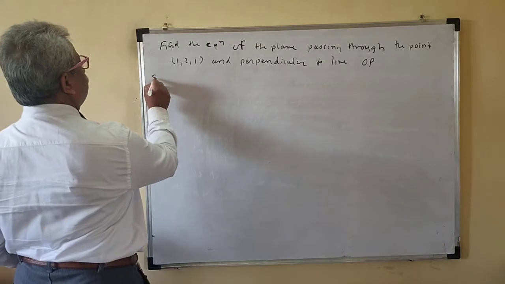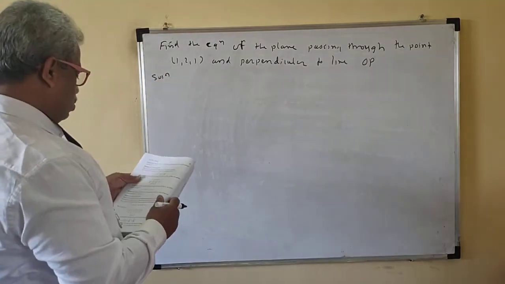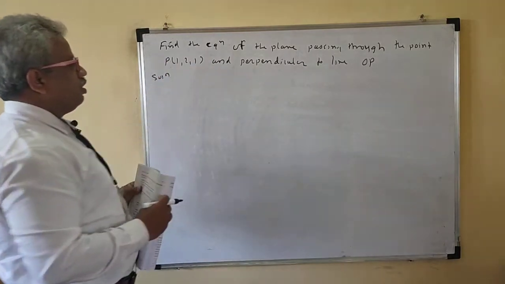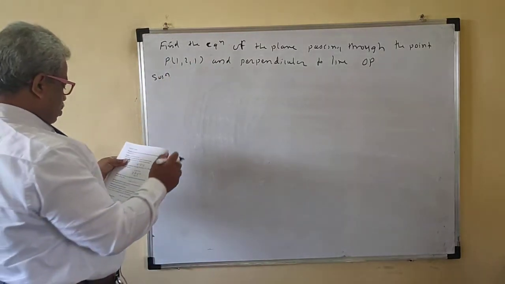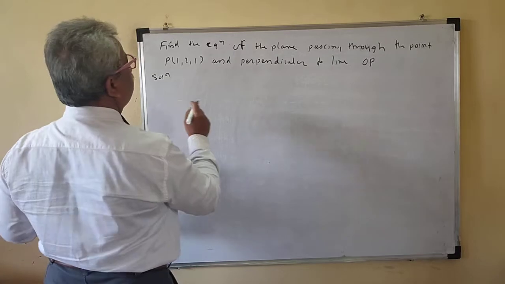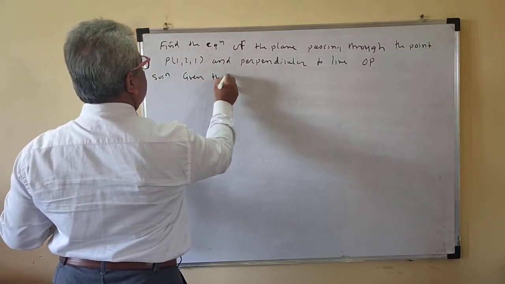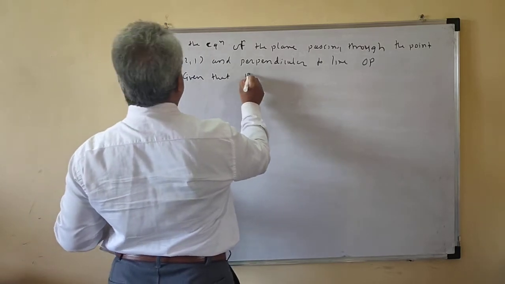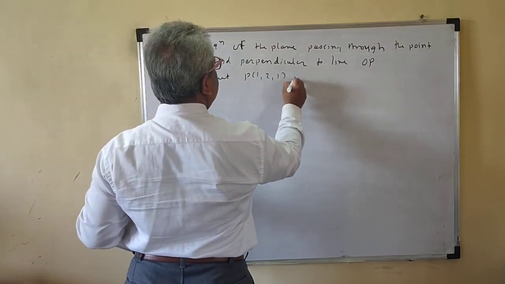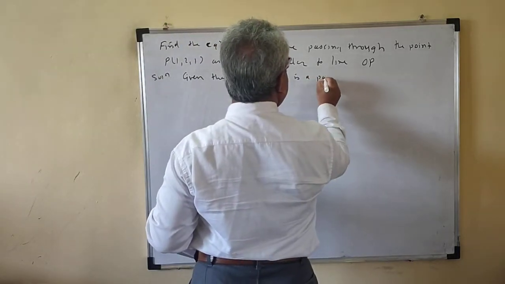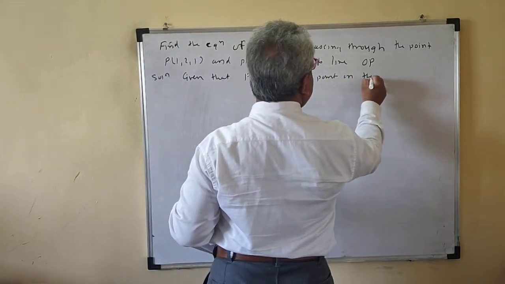Okay, solution. This P is given to you. Given that P(1, 2, 1) is a point on the plane.